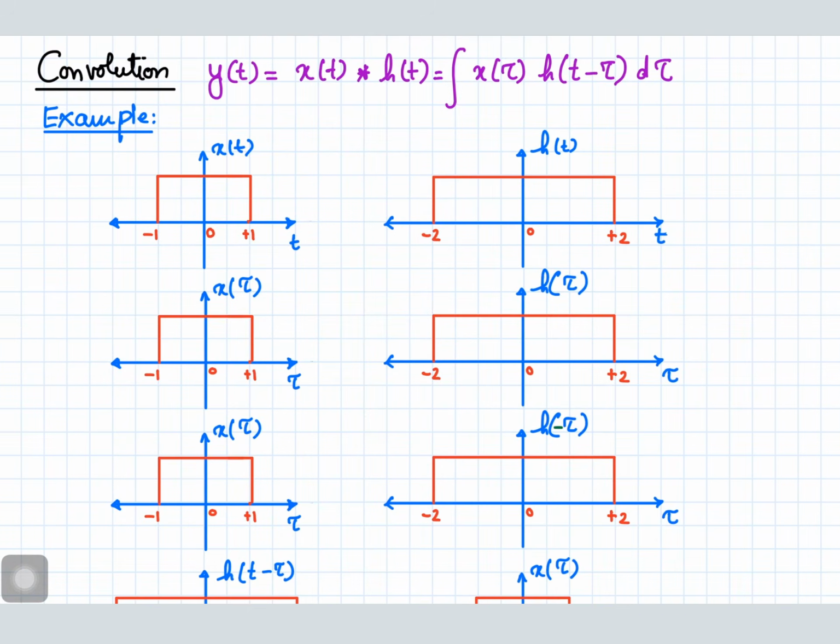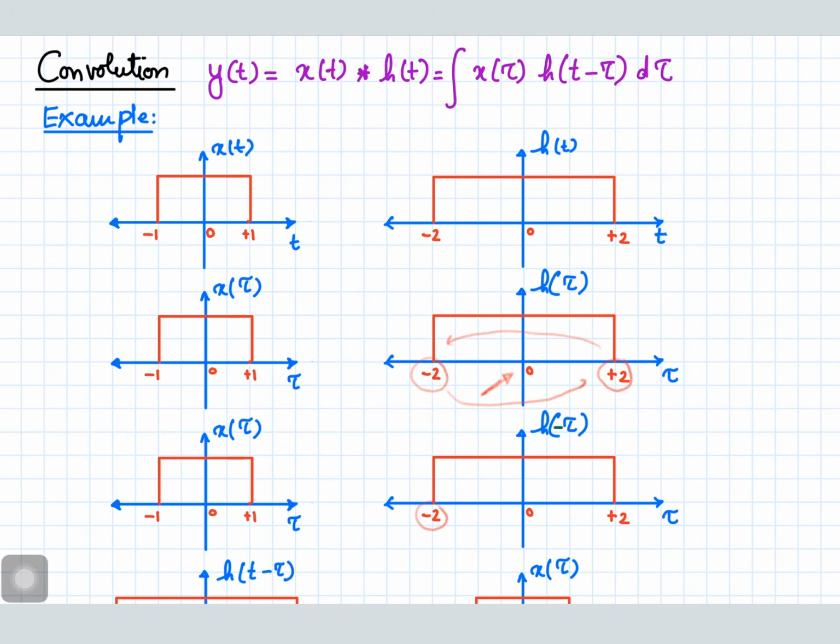What is our next step? In the next step we represent this h of tau as h of minus tau. That basically means flipping the signal across the y-axis. As you can see, our signal is centered at 0, so when you flip it across the y-axis, there will be no change.